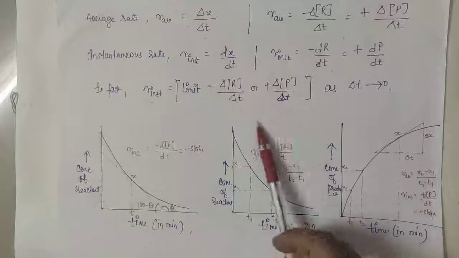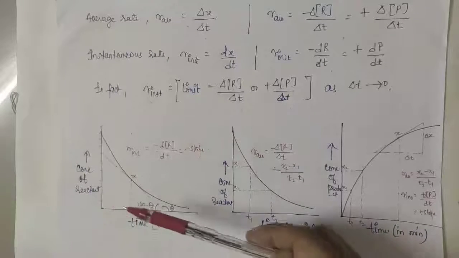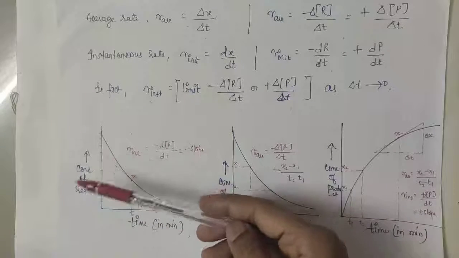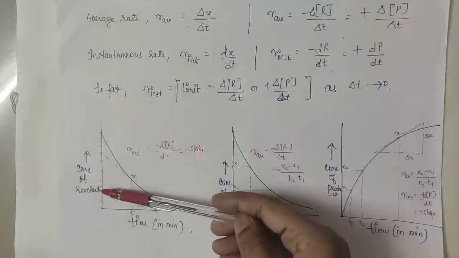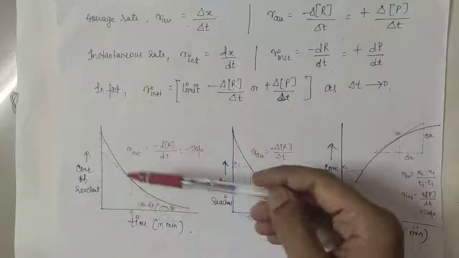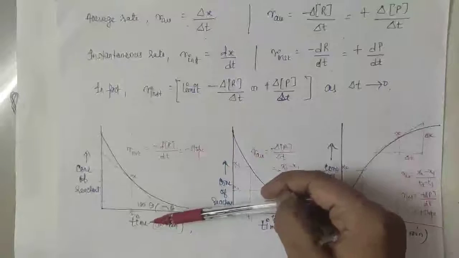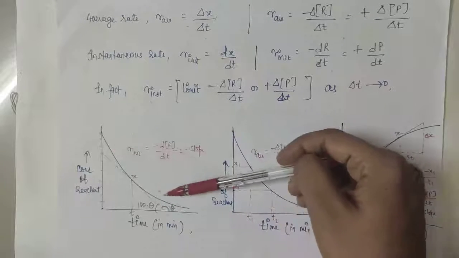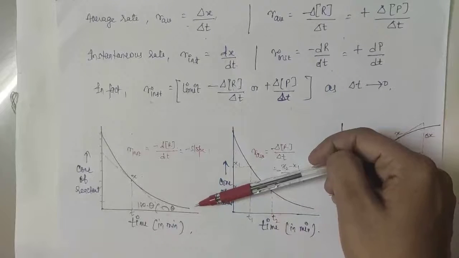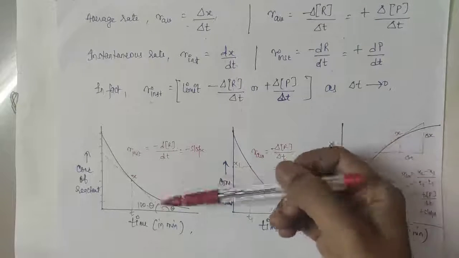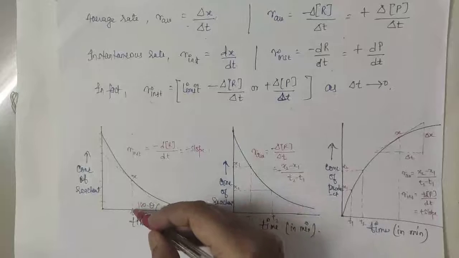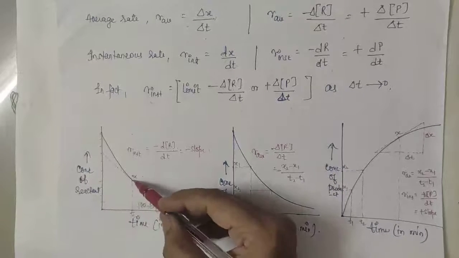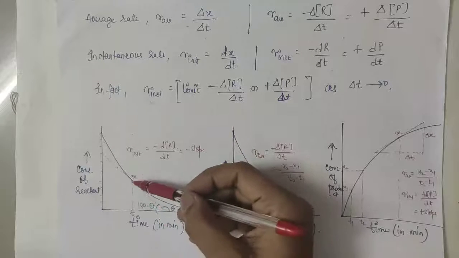Now, this concentration which we determine at different intervals of time is plotted like this: concentration of reactant versus time. Since the concentration of reactant is decreasing with time, we are getting a slope like this. If we want to find the rate of reaction at a particular instant of time, at a particular time t, suppose the concentration is x.